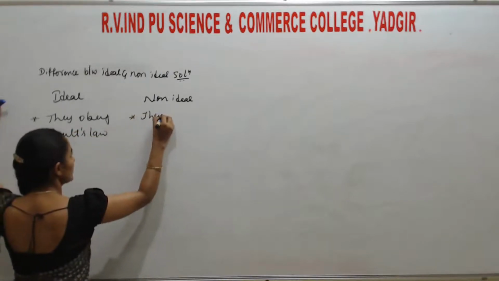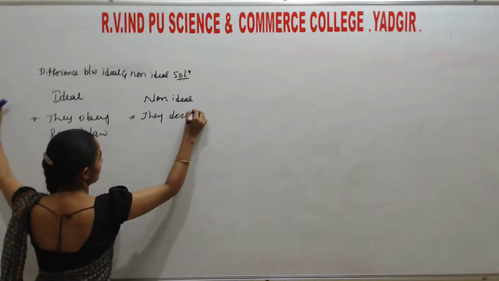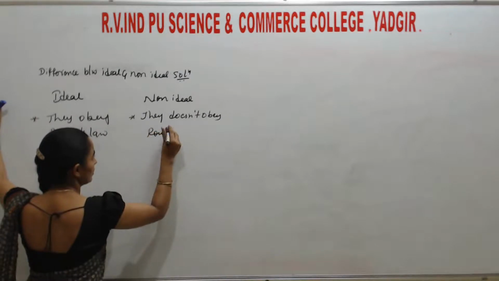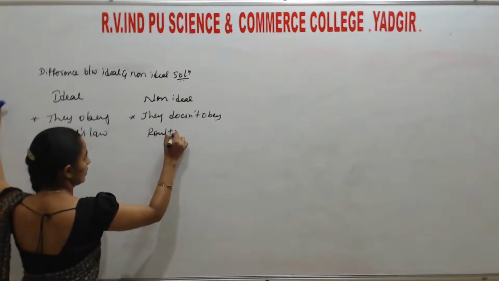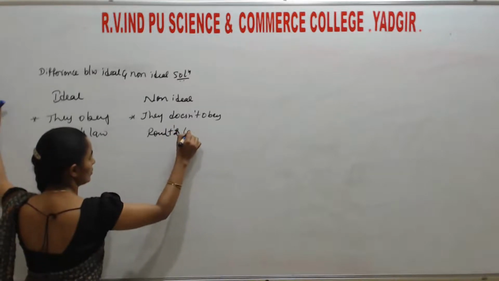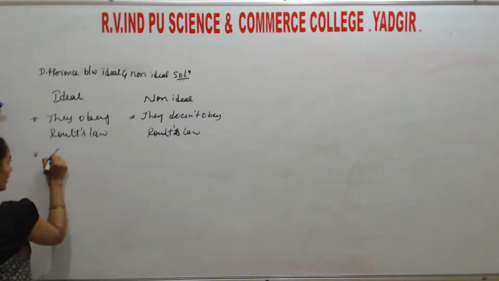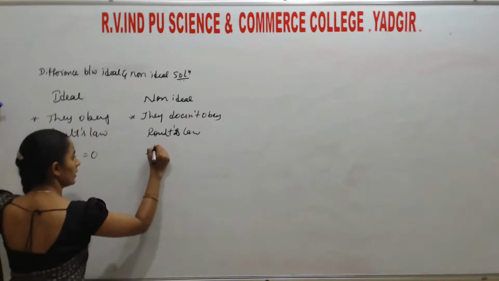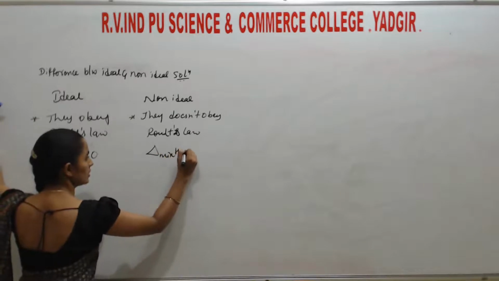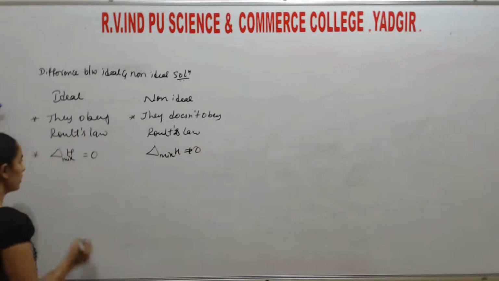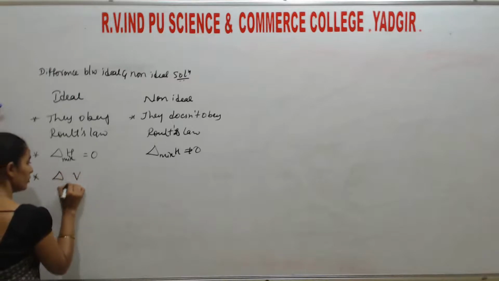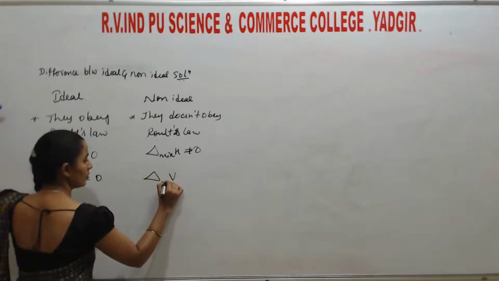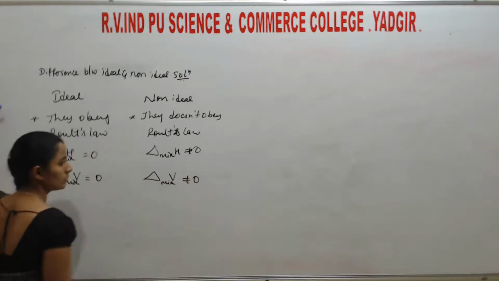Here enthalpy change of mixing is 0. Here enthalpy change of mixing is not equal to 0. Here change in volume of mixing is equal to 0. Here change in volume of mixing is not equal to 0.